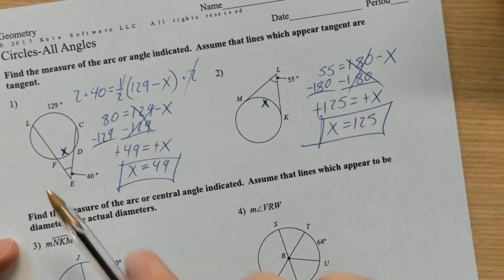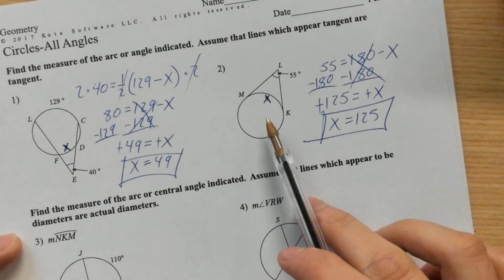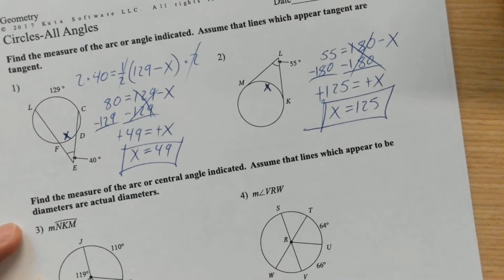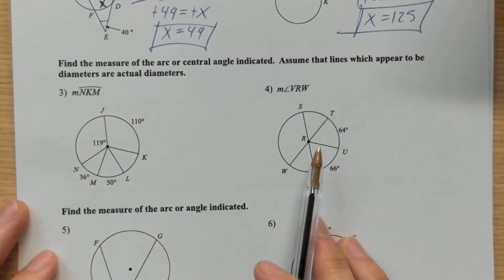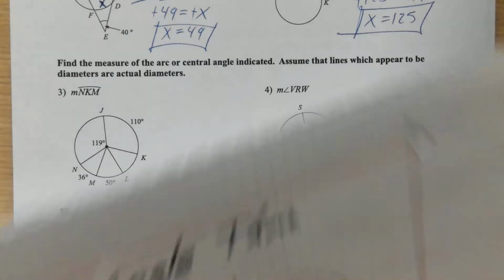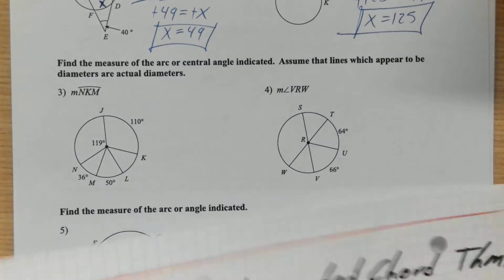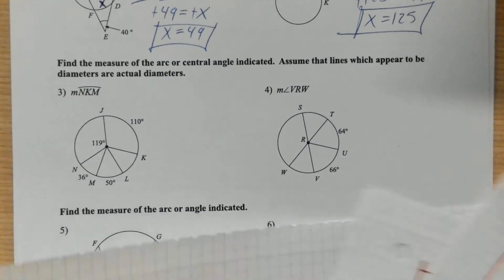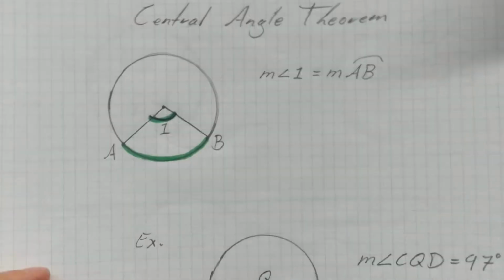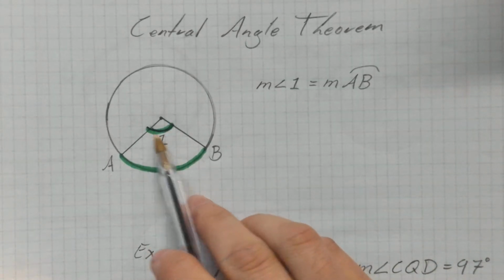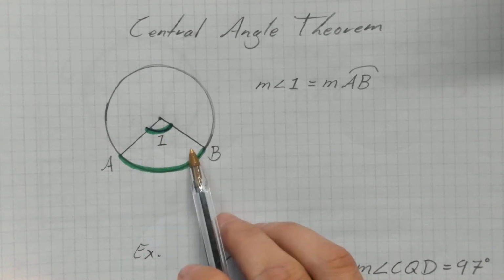Questions 1 and 2 used the outside angle and circumscribed angle theorems. Now for problems 3 and 4, we're talking about central angles. One thing to remember about central angles is that the angle inside equals the arc.